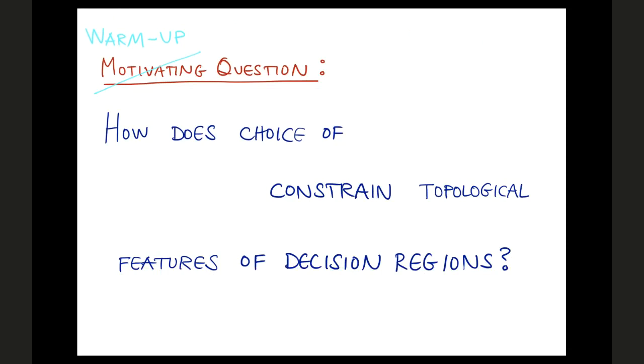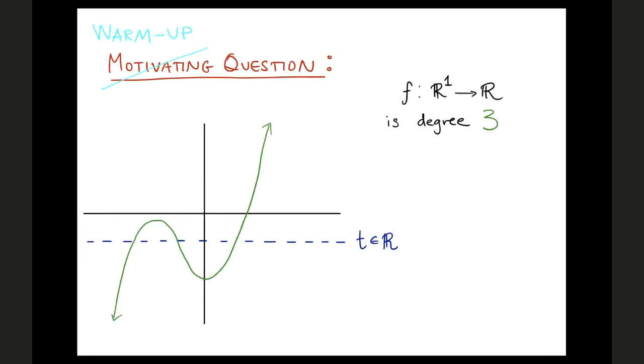But for now, since we have this toy example in mind, let me focus on that so we can understand what we might mean by the architecture constraining the topological features of decision regions. So again, this is really a toy example, but I want to get our heads in it. How does the choice of the degree of a polynomial constrain the topological features of the decision regions? Well, we can see this kind of right away, how it might do that.